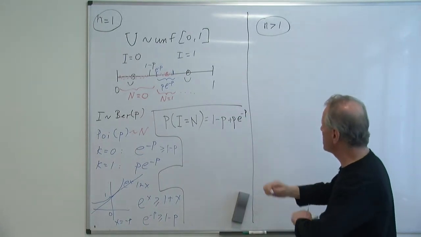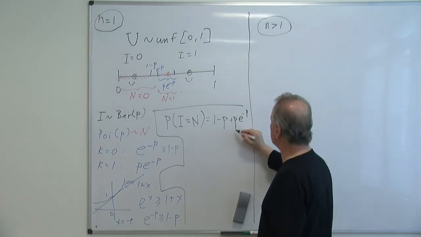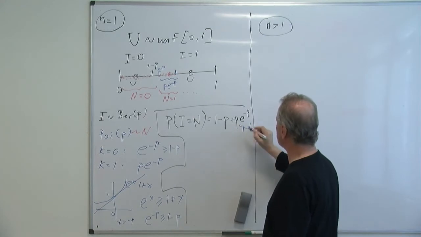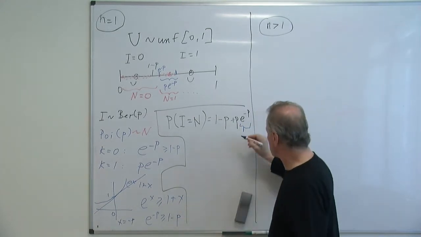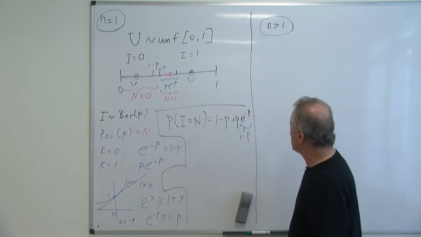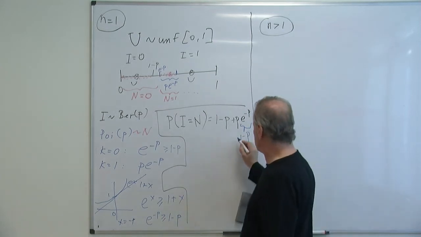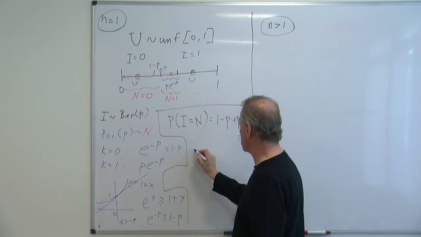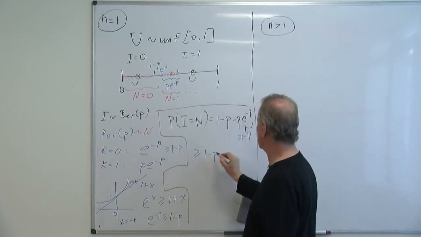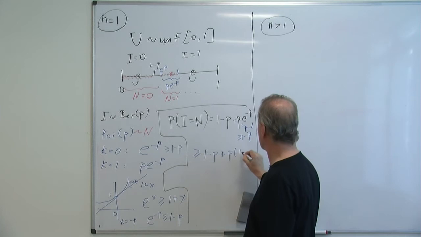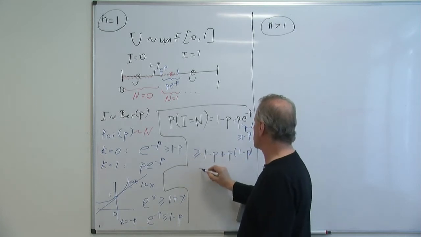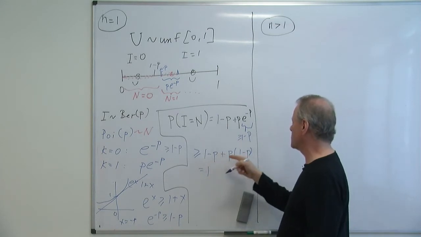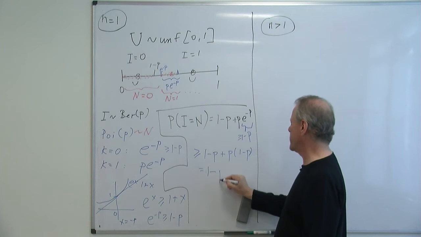And to make this a little bit cleaner or simpler, rather look at this thing here and recall that we had this. So this is greater than or equal to this. So we will have that this probability is greater than or equal to 1 minus p plus p times 1 minus p, which is what? These p's cancel, so it will be 1 minus p squared.